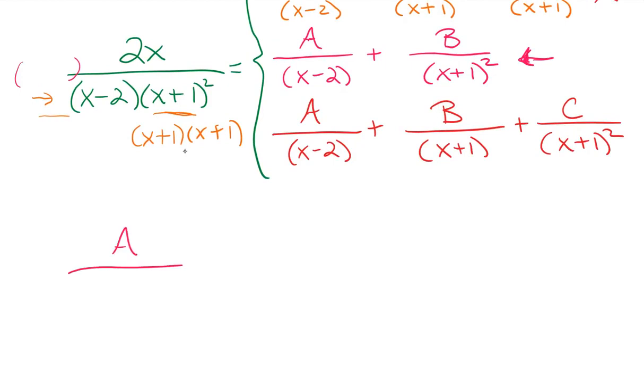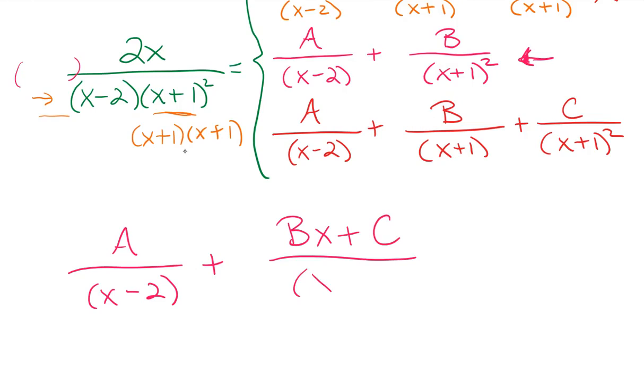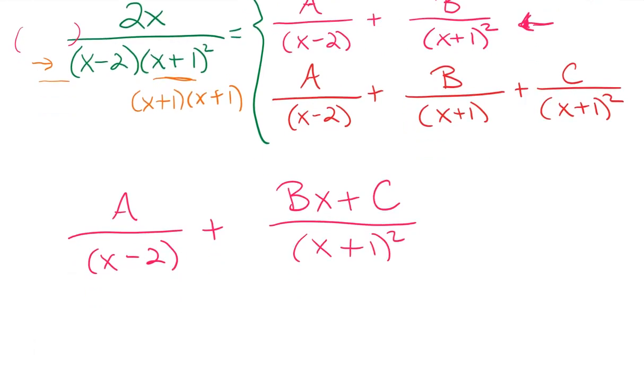We would have to say, okay, well, this is x minus 2, and then this is plus, well, not b over x plus 1 squared, but rather we could write it as bx plus c over x plus 1 squared. If we then tried to solve this, it would end up working.